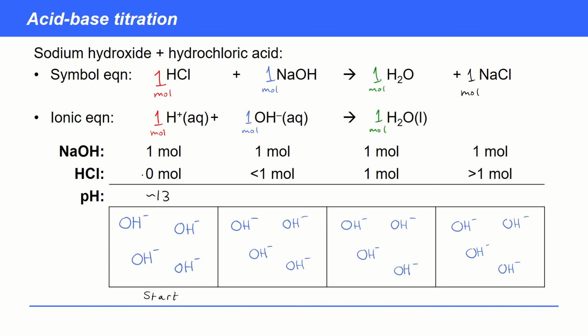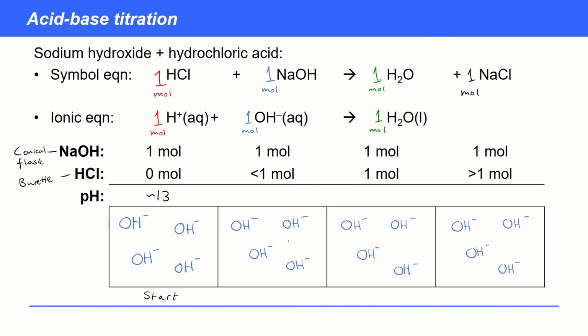Now in the titration we would then perhaps have, so if this was in the conical flask, and this would be added from a device called a burette. So the HCl is added from the burette. At the start there's none that's been added, and some way later we're going to imagine that we've added less than a mole of HCl.